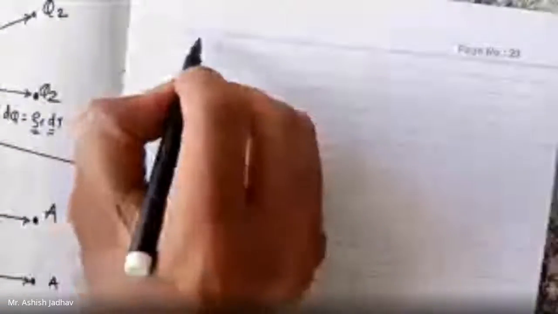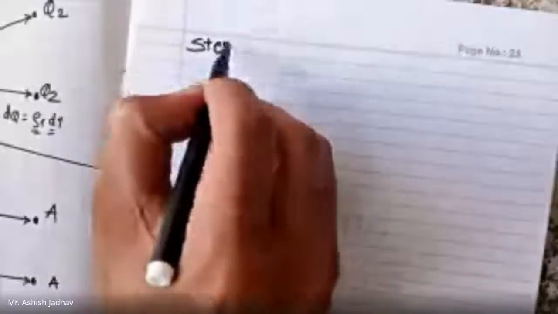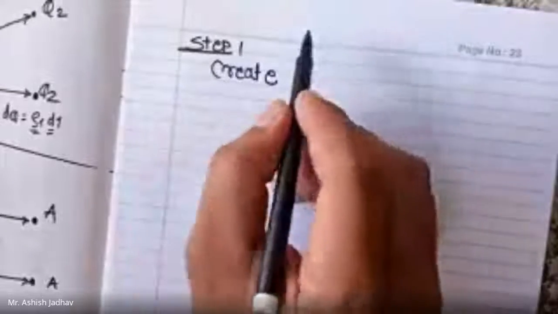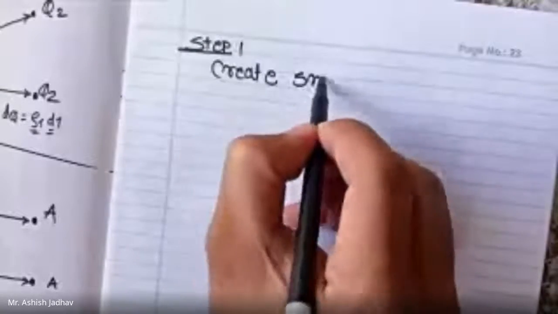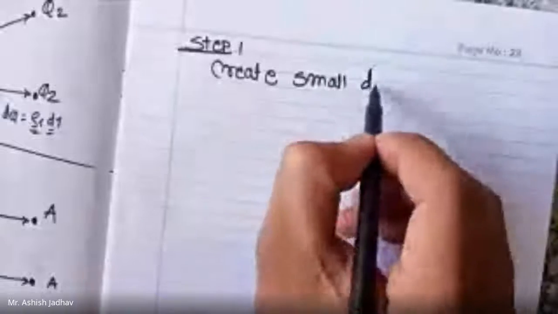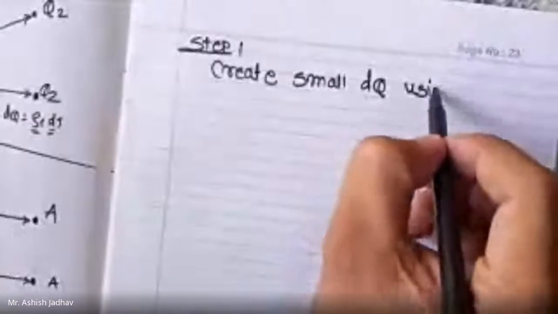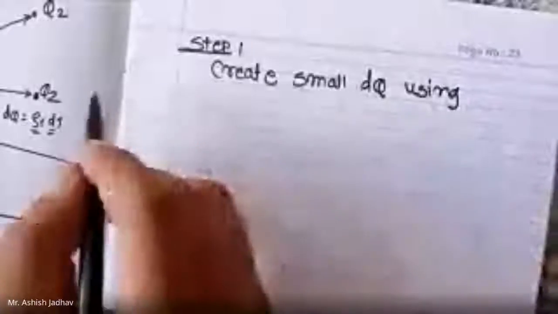And just to recall or summarize the steps, let me write them, because in the next lecture we are going to solve the examples on this. Step 1 is create a small charge dq, using one of three expressions.